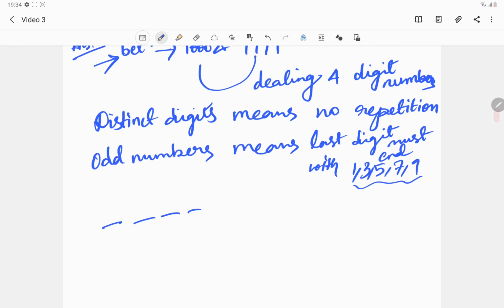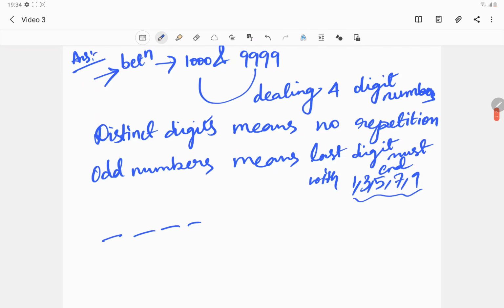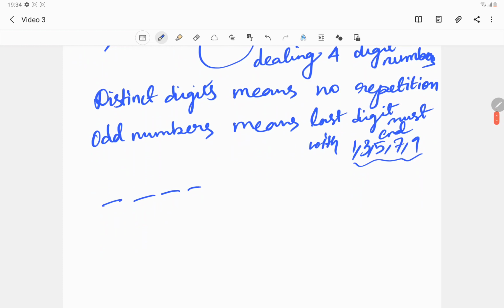So we are dealing with a 4 digit number, and I have 5 choices over here. Assume that I have put 1 over here. Next, this place can be filled with any digit except 0 or 1, because 1 is used over here and there should not be any repetition. So I have 8 choices to fill this place.